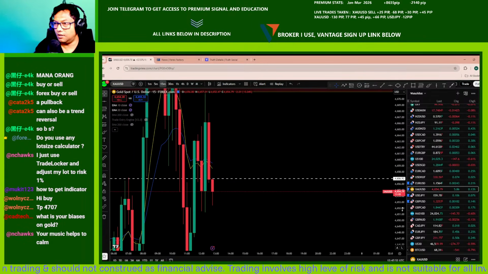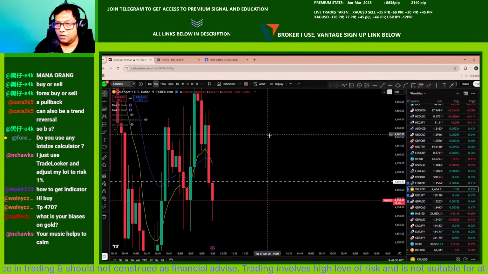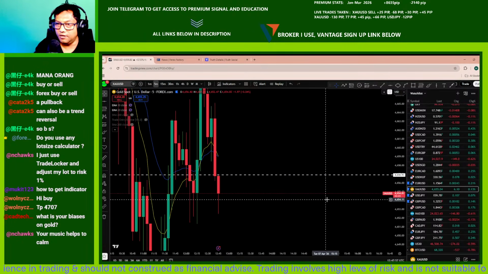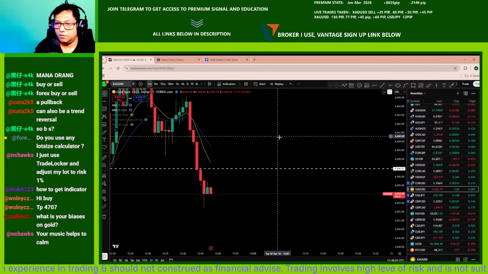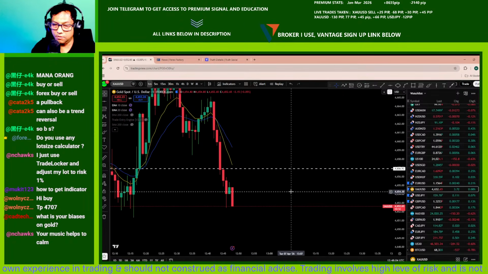There is an initial breakup structure in that area, and it seems to have broken back below.